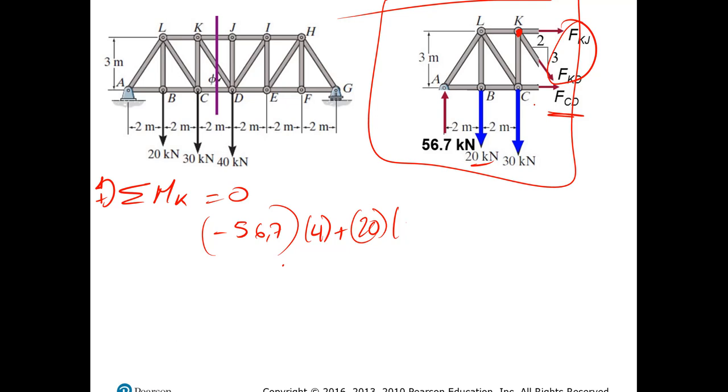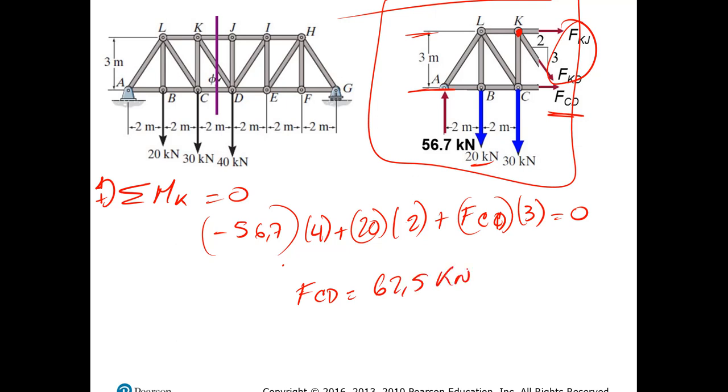And then I also have force CD, where the distance from the force to the top is 3. Okay, so if I do that, this is equal to 0. I will realize that FCD is equal to 62.5 kilonewtons.